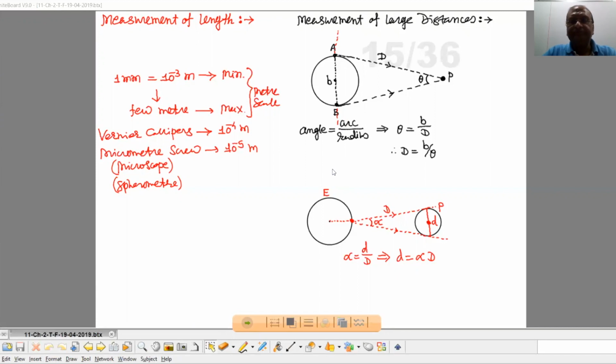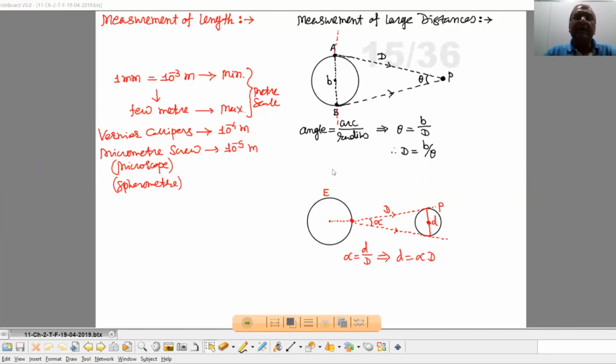Now suppose we want to take a measurement which is smaller than 10 raised to minus 3 meter, then what to do? Then there is one instrument named vernier calipers.